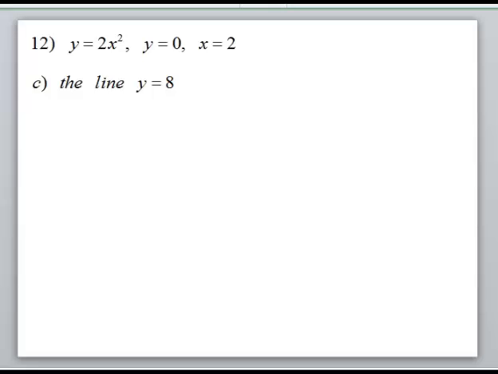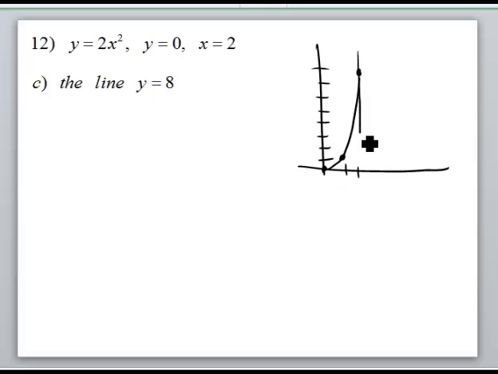I have one more of these, and this time it's the exact same function. The difference is, again, where I'm revolving it. So, draw the picture in again. This time, I'm revolving it about the y equals 8 line.